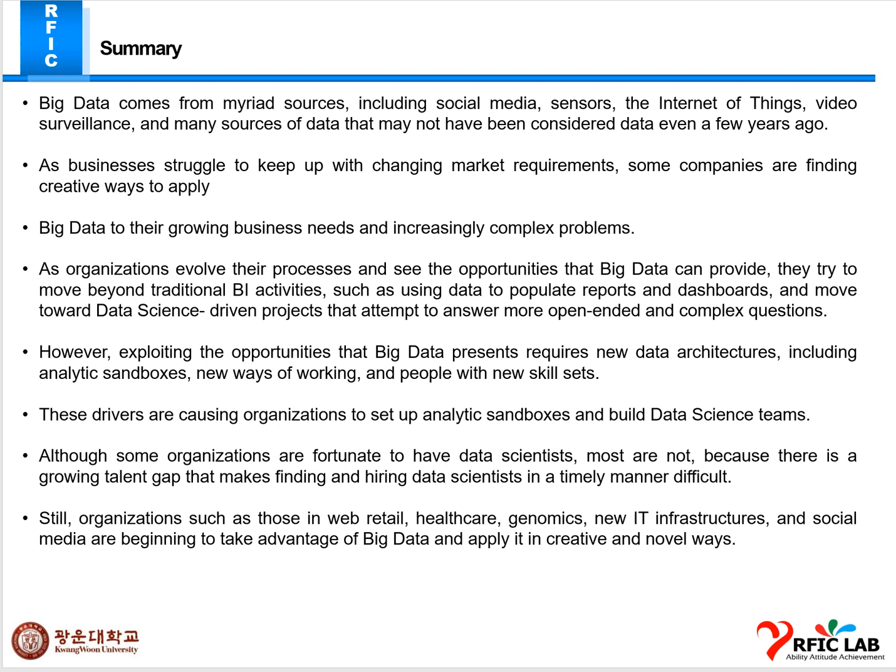Businesses have to struggle with changing market requirements, as I said in the previous example slide, with events like marriage, divorce, and pregnancy. So businesses have to change their requirements and their marketing strategies to sell their company products, and companies are finding creative ways to apply this.